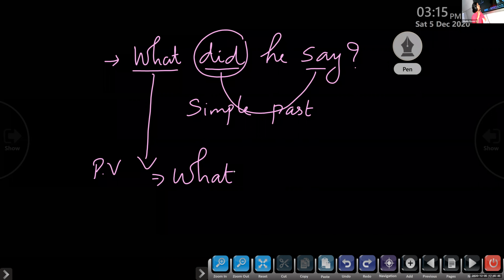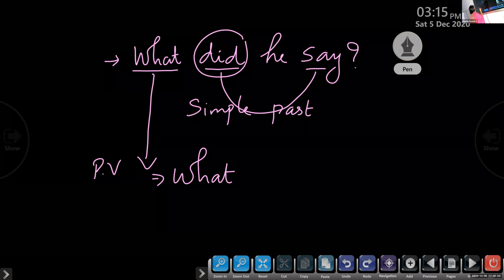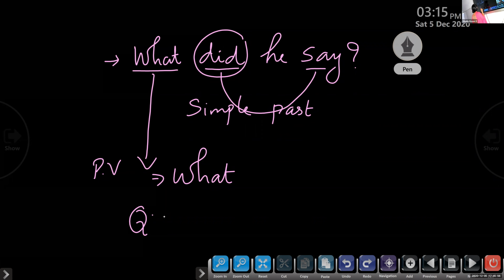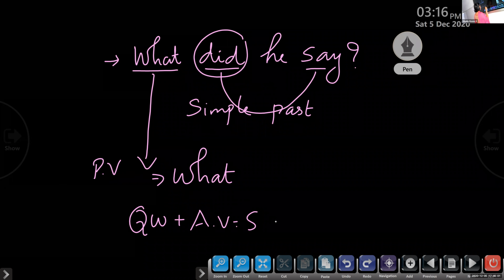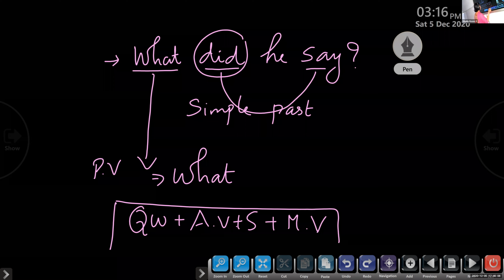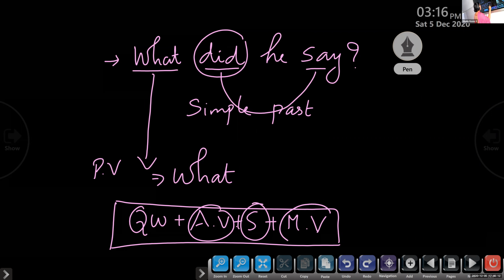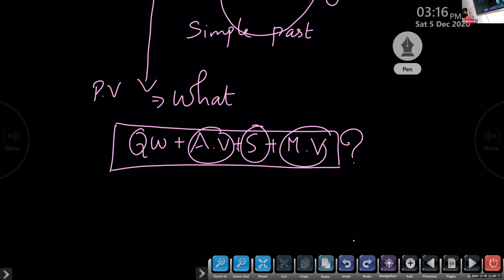You know that the structure of the question is question word plus auxiliary verb plus subject plus main verb. This is the pattern of a question, right? And a question mark at the end. This is the pattern of constructing a question.